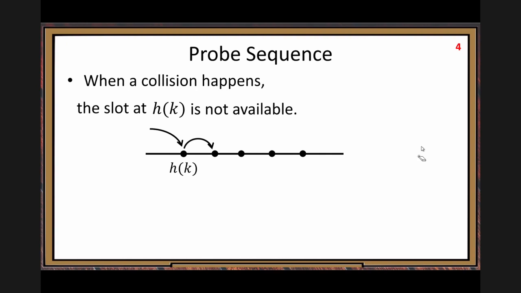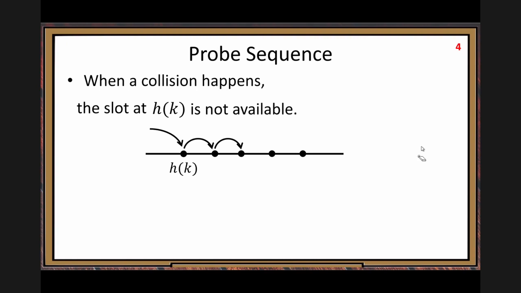But the question is, how do we move to the next available slot? Sequentially, right? Just look at the next, adjacent slot. If occupied again, look at another next one.